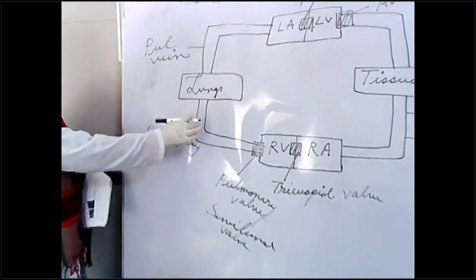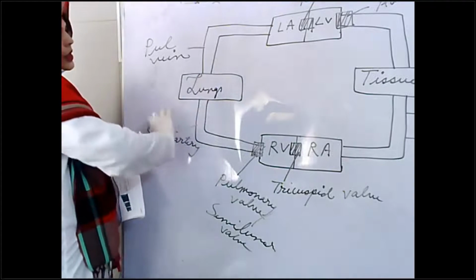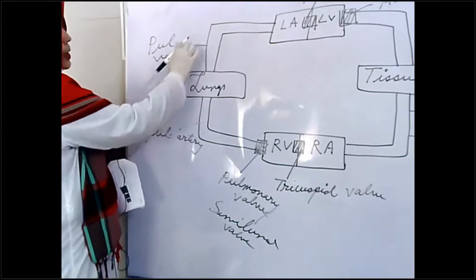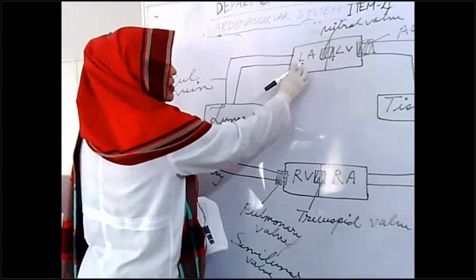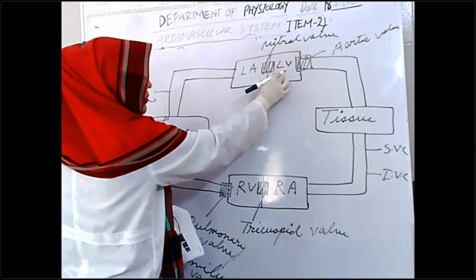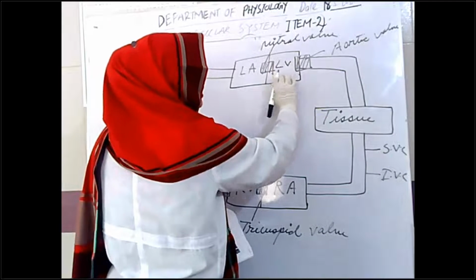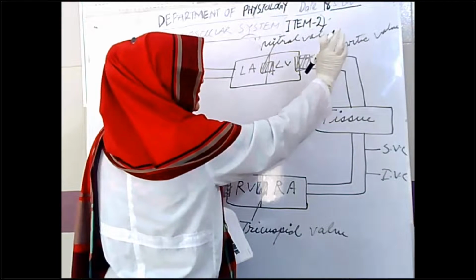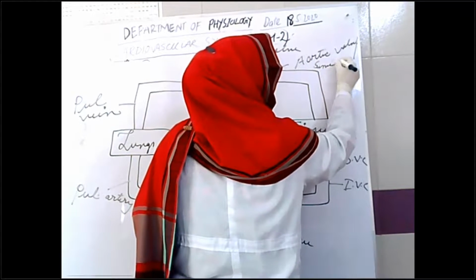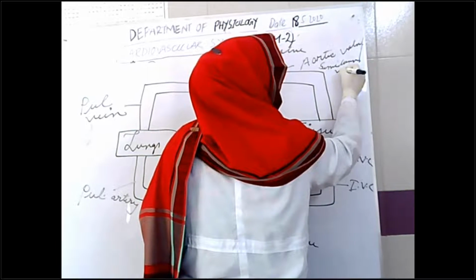Through the pulmonary trunk, blood goes towards both lungs for oxygenation, and from lungs through the pulmonary vein, blood comes into the left atrium. Through the mitral valve or atrioventricular valve, blood goes to the left ventricle, and from there through the aortic valve or semilunar valve, blood comes into the systemic circulation, that is tissue level. This is the total circulatory system.